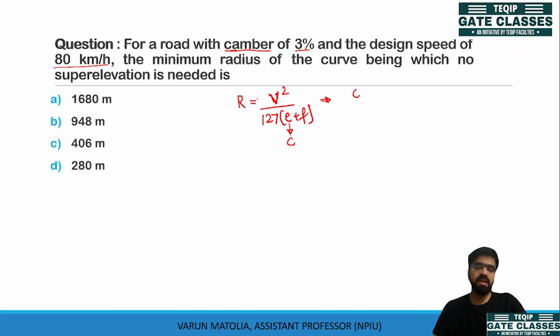So this equation can be written as V square by 127, super elevation is 0.03, plus the value of lateral friction coefficient. The value is 0.15. This you need to remember. It is not given in the question, and in most of the questions they expect you to remember this value.